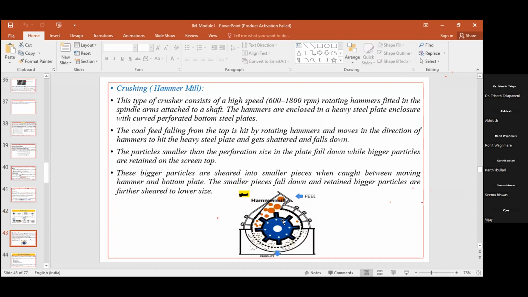So this is actually the hammer mill that was discussed.